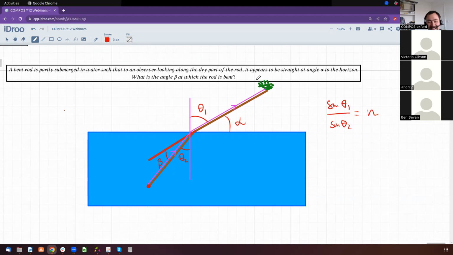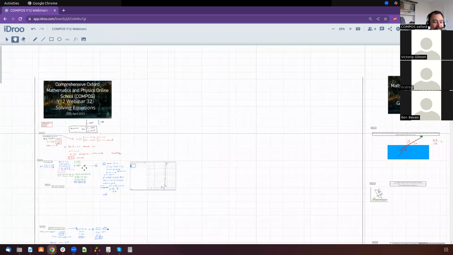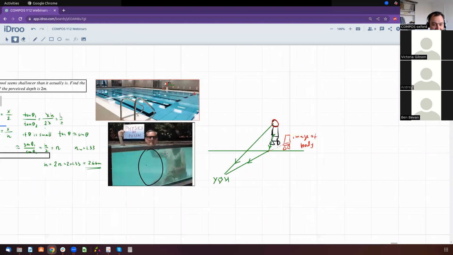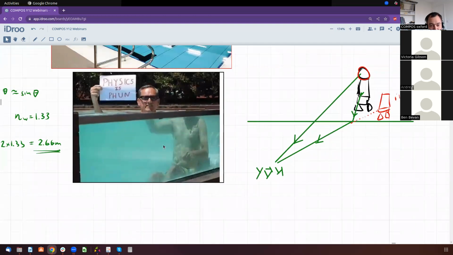The headless person illusion, which I discussed last time. Our brain believes that light travels in straight lines, and this belief is so strong that we'd rather see that the person has no head than believe that light doesn't travel in straight lines. This is what's happening here.